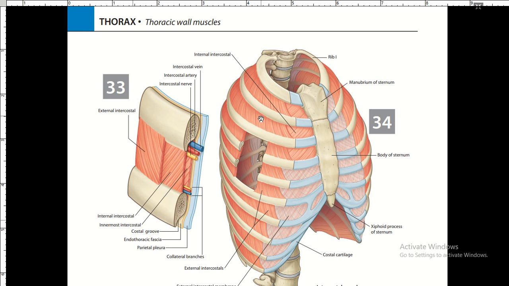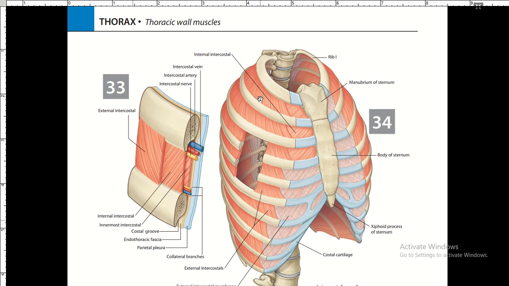So your hands will be your fibers, and if you put your hands into your pocket, the hands are going to reflect the fibers of the external intercostal muscle. The external intercostal muscle is going to be innervated by corresponding nerves. So if it is in the first intercostal space, it's gonna be innervated by the first thoracic intercostal nerve, something like that, right?